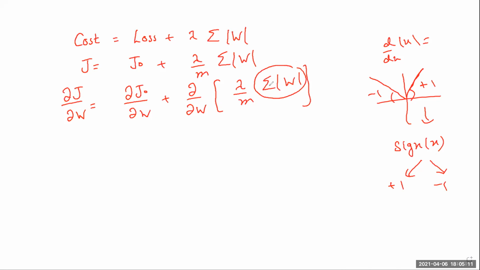If W is negative, you get -1. So let me write that derivative. This term would be the original term plus lambda by m, and here I can write sign of W. So this is our final expression.